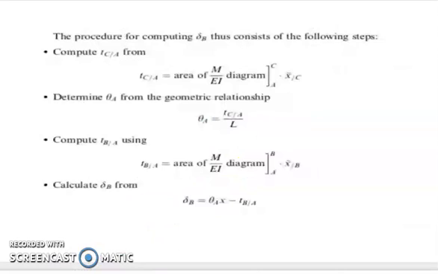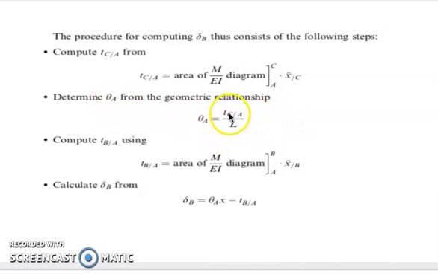So for that simply supported beam, to compute for the displacement at point B, we consider these steps. We have to compute first the tangential deviation at point C with respect to A, and that is given by this equation. We have to determine our theta A from the geometric relationship.